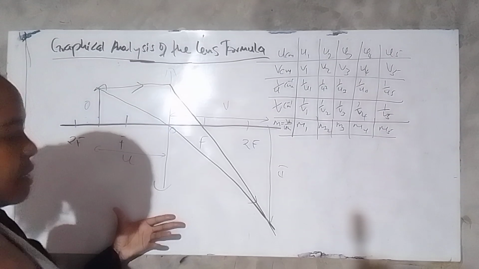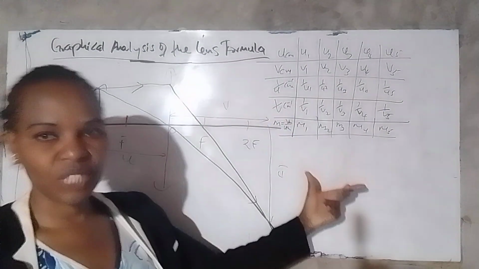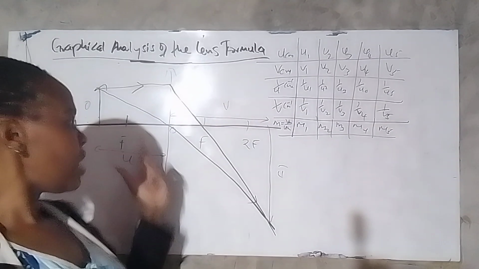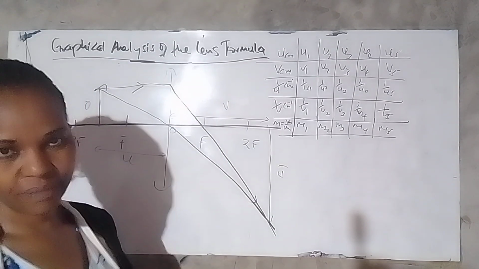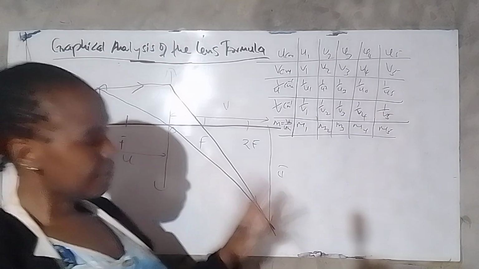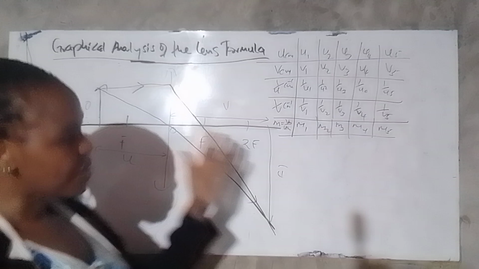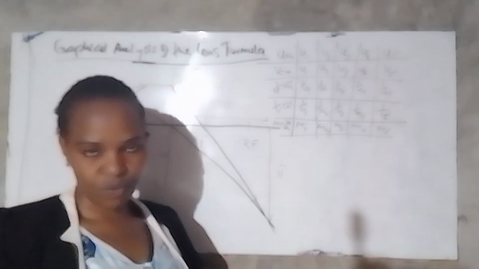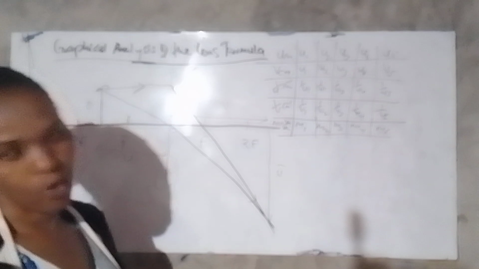This is the experiment that you are supposed to carry out. Those are the values that you record, U and V, and from U and V you can record the rest. We plotted two graphs. One graph was 1 over V against 1 over U, and from that we were able to get the focal length.